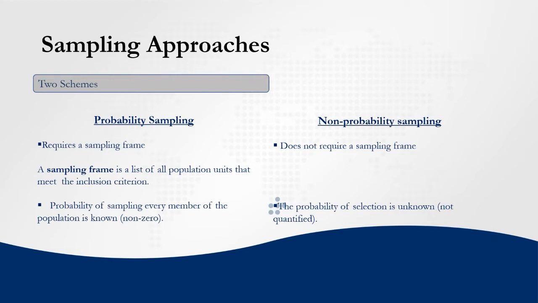So that is the whole concept of knowing the probability of selection. Because you have a list, you know if I select one unit, what is the probability that that one unit will be selected randomly from all the possible units. So there is a known non-zero probability.